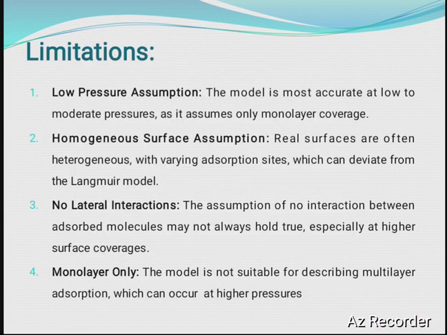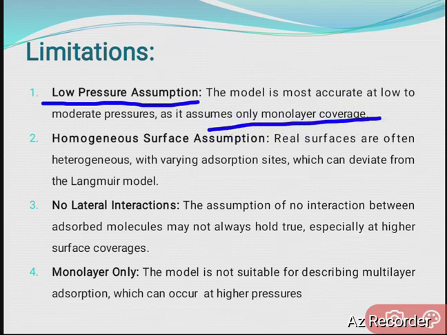Next, limitations. What are the limitations of the Langmuir adsorption isotherm? The first limitation is that this model works at lower pressure. The model is most accurate at low to moderate pressures, as it assumes only monolayer coverage.